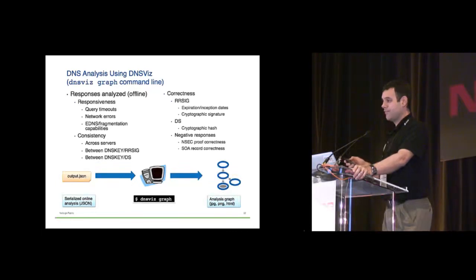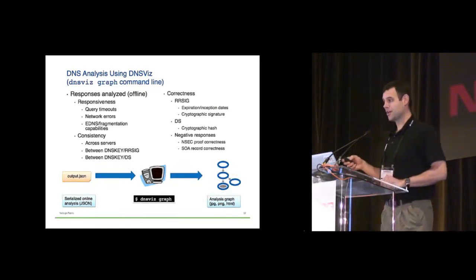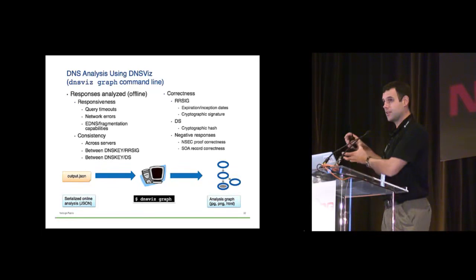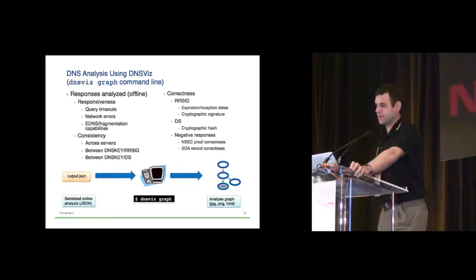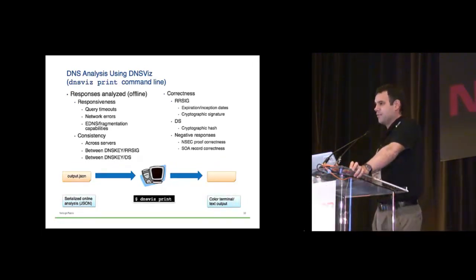Then graph does the exact same thing as grok, except instead of a serialized JSON output for programmatic analysis, it outputs to a graphical format. You can do it for JPEG, PNG, or HTML formats. And finally, DNSViz print has a terminal format.